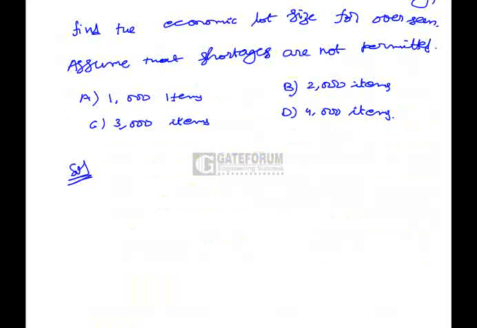Here P is equal to 50 items per day, let us say, and D is the demand. The item is produced at the rate of 50 items per day, and demand occurs at the rate of 25 items per day, that is D is equal to 25.